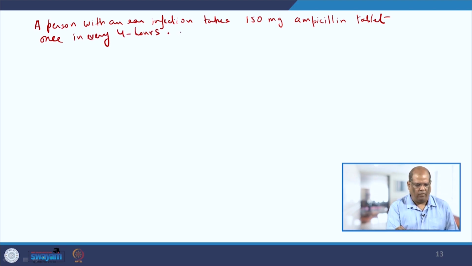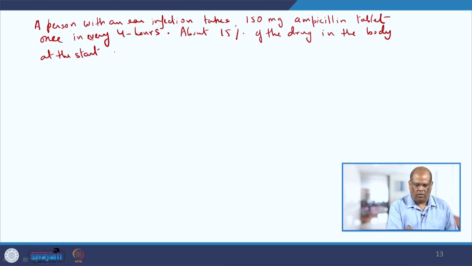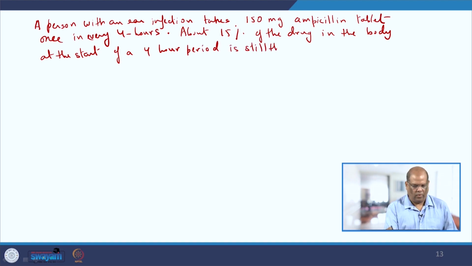So, that is the time interval. About 15% of the drug in the body at the start of a 4-hour period is still there at the end of the period.